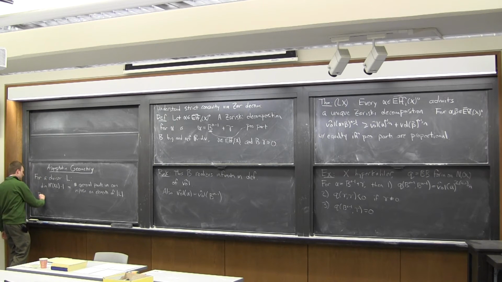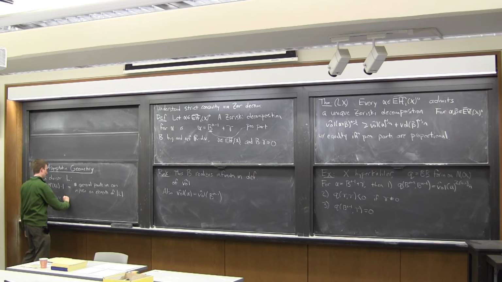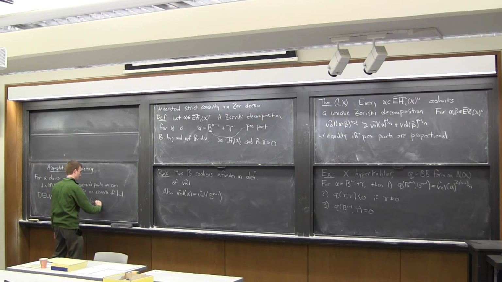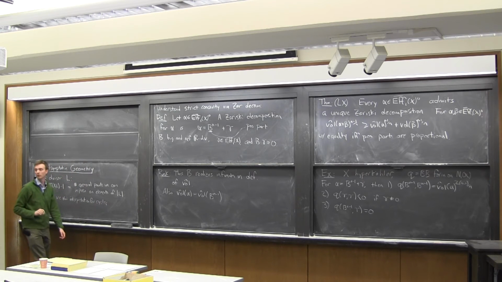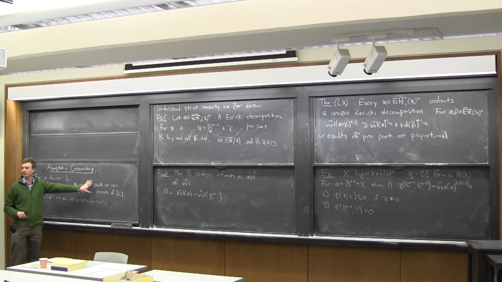So then the suggestion by Debarre, Ein, Lazarsfeld, and Voisin is to use this interpretation for cycles. That is, instead of trying to generalize it like this, maybe we can use this side of the board and try to understand positivity this way.